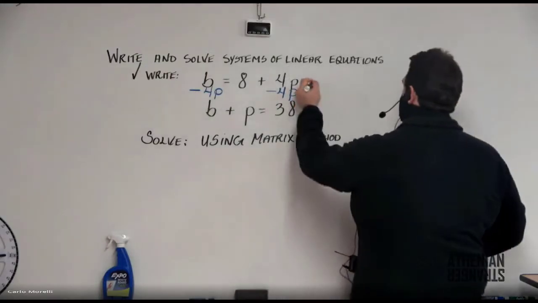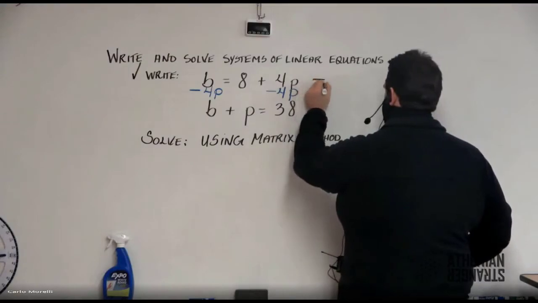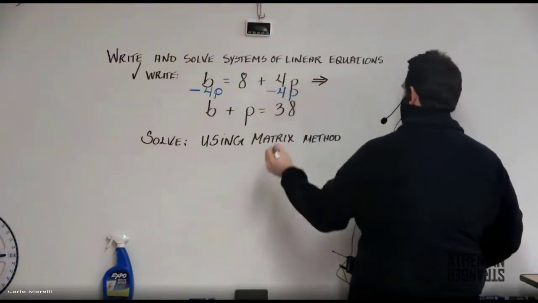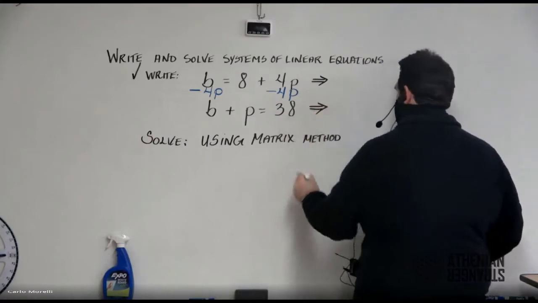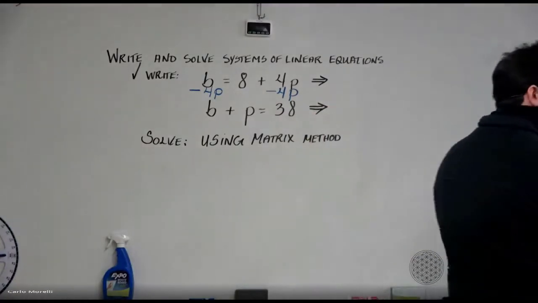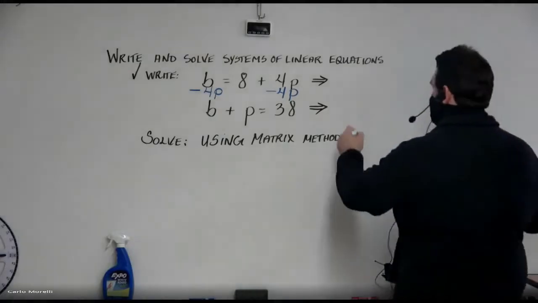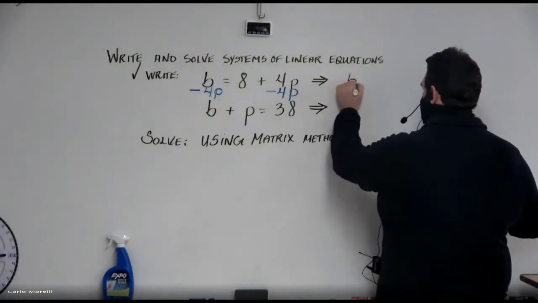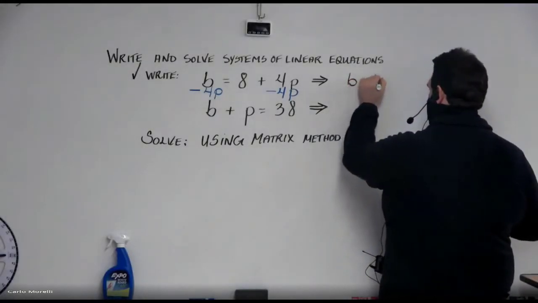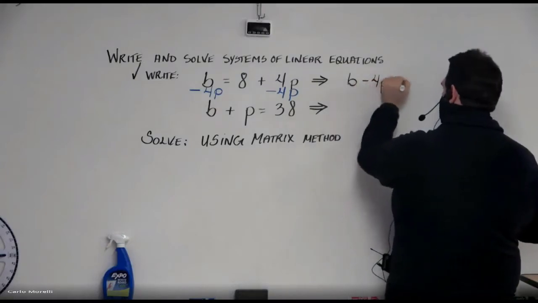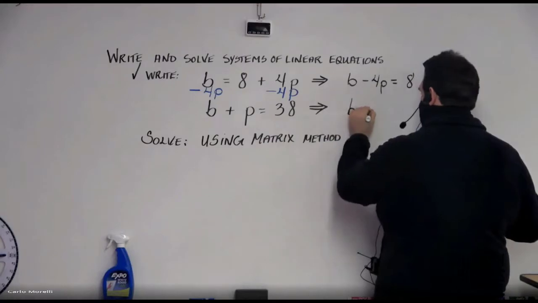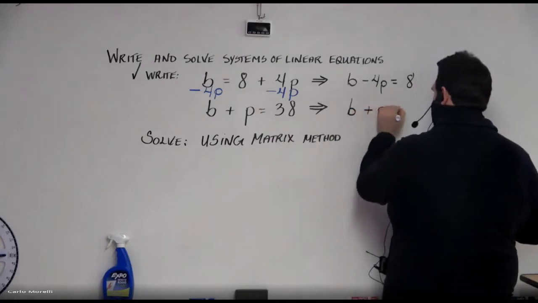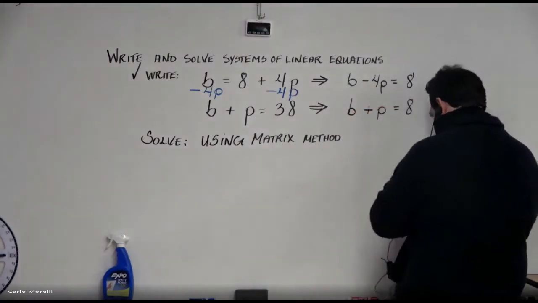Then we're going to write this little double arrow here, and we're just going to rewrite this so we have it in the form that we need. So now I have B minus 4P equals 8. And I didn't change the bottom one. It's just B plus P equals 38.